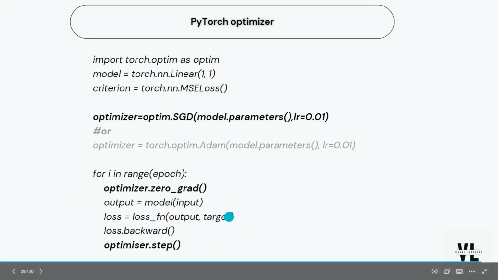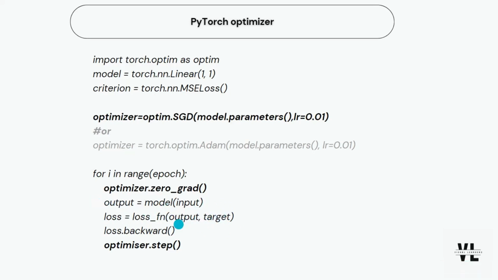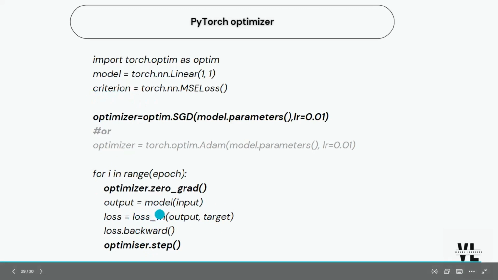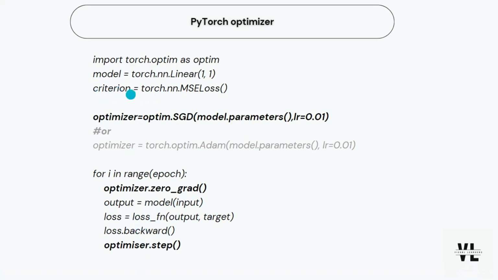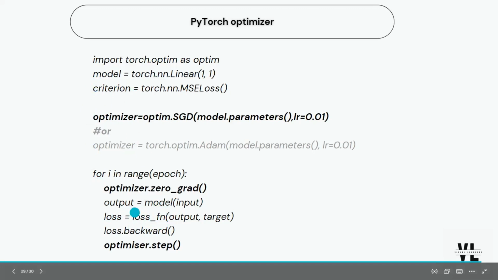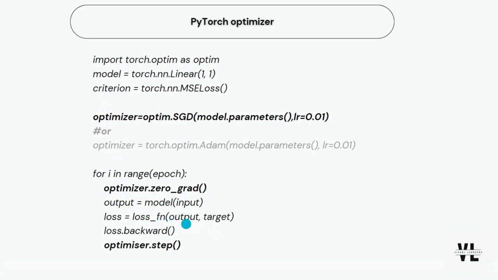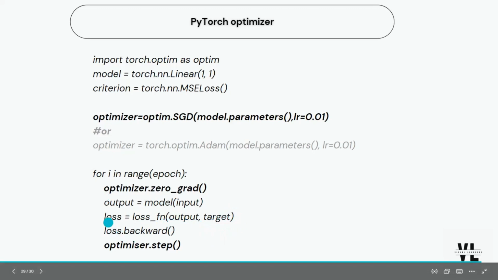The targets are going to be the labels, and the output is the output from our model. Remember that the variable name that you assigned here is criterion, so you need to replace the loss function with criterion. Here it's a mistake, we need to use the same name, and you're going to pass the output from your model first and the labels second, and it's going to be assigned to a new variable, loss.